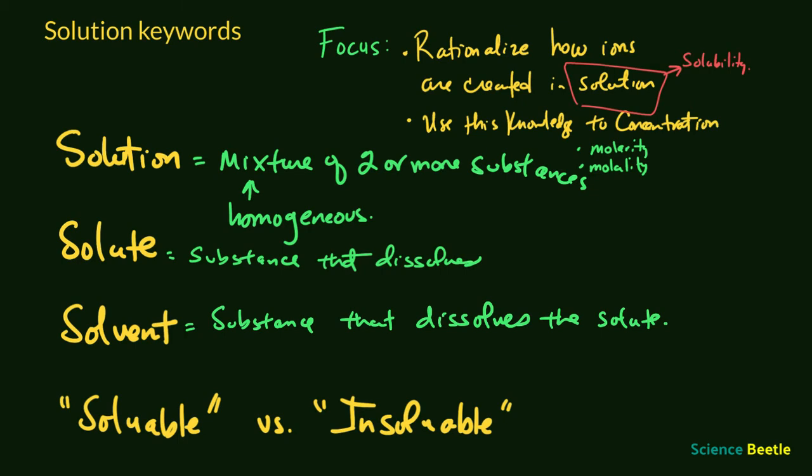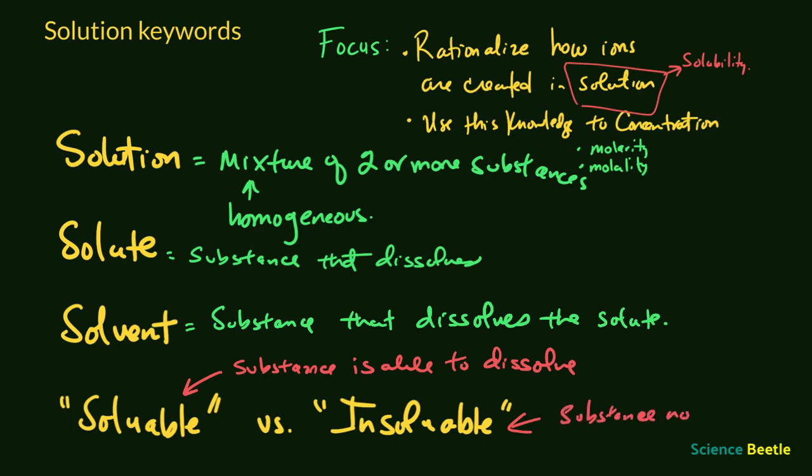And so if something dissolves, we say that that particular substance is soluble. So one thing here about soluble, that means that a substance is able to dissolve. And if it's not able to dissolve, then we say that it is insoluble. So, a substance not able to dissolve.